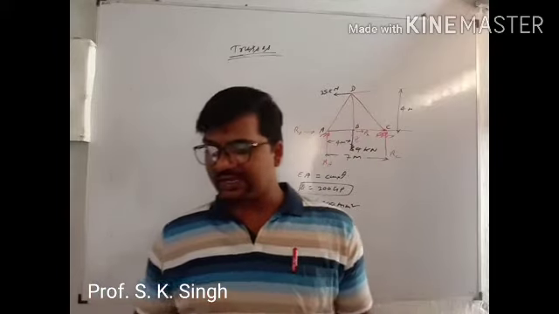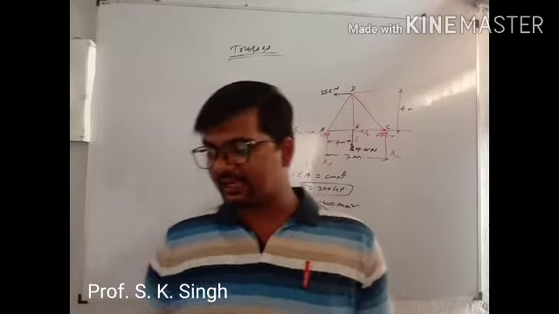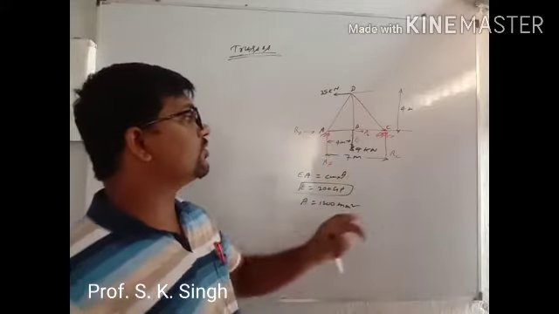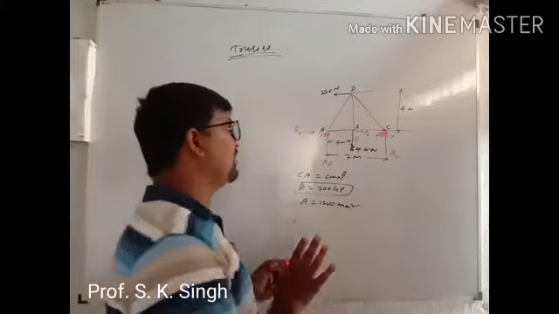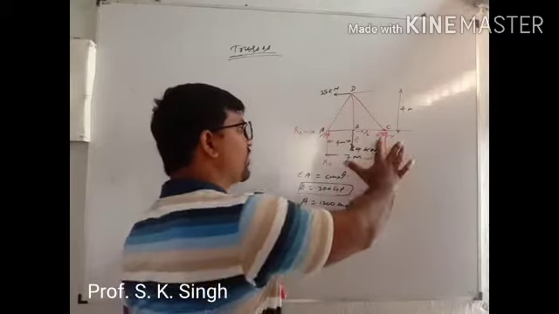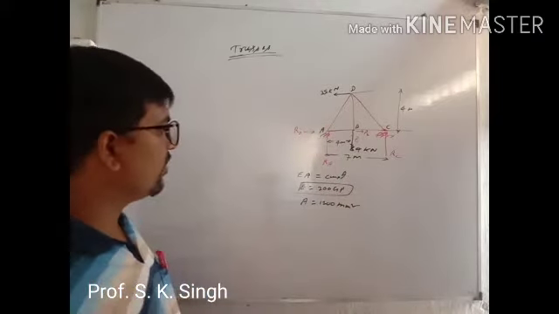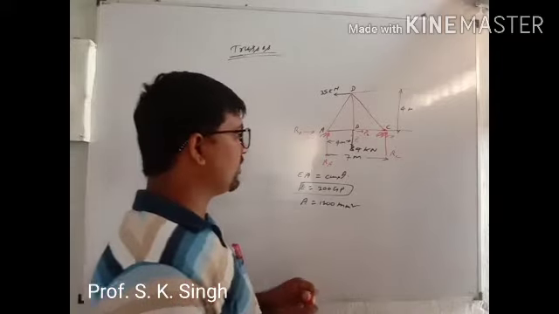At least you should be able to define the reaction forces at point A and point C. You know, in a simply supported beam we have one fixed and one roller support, that is RC.